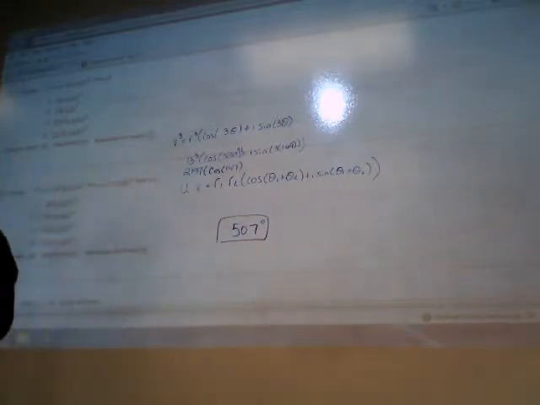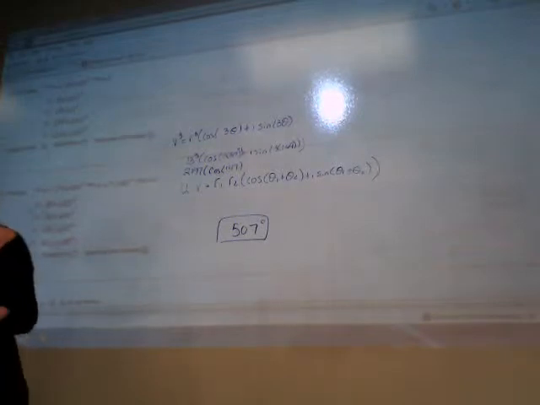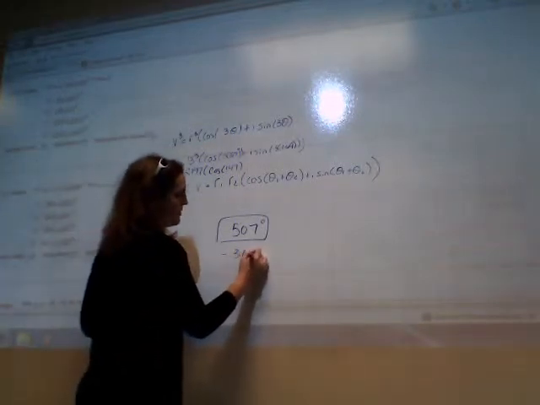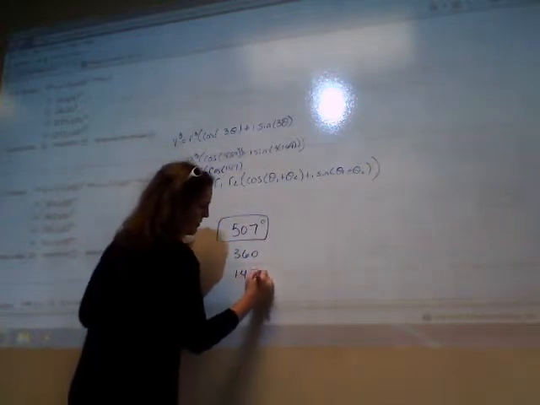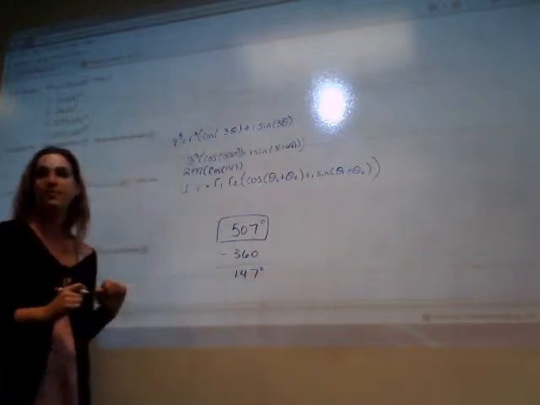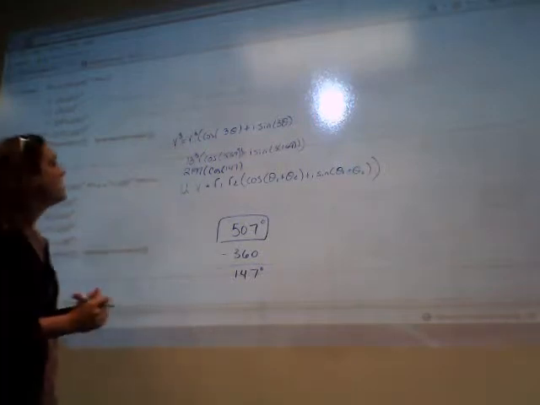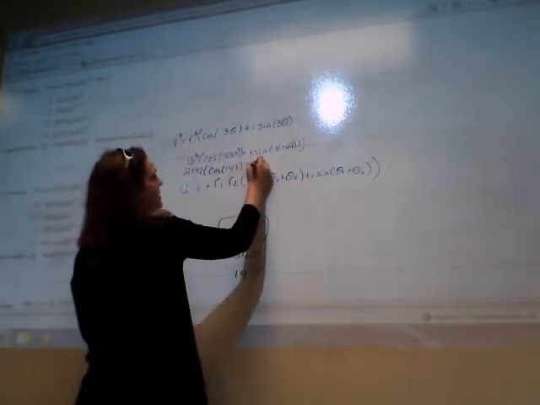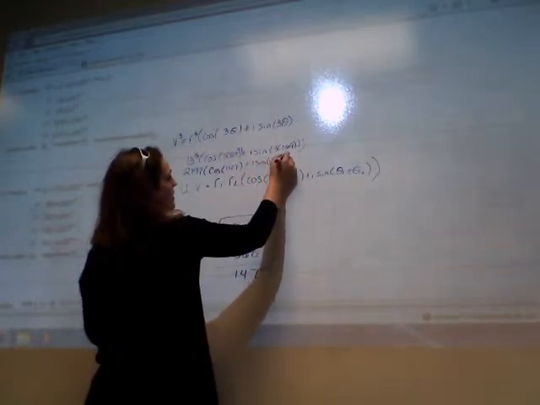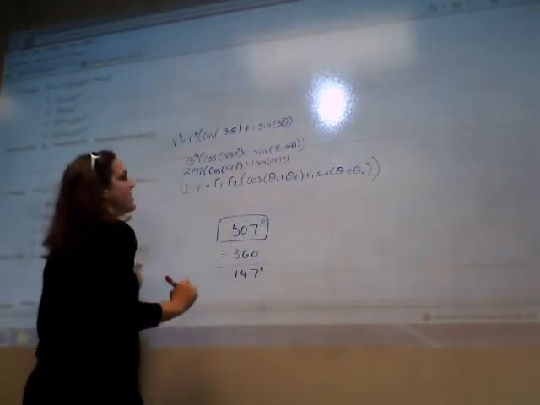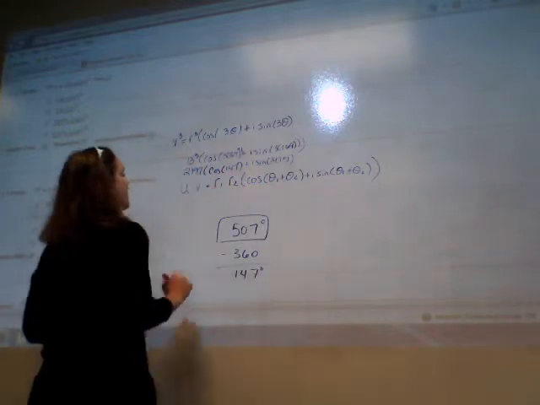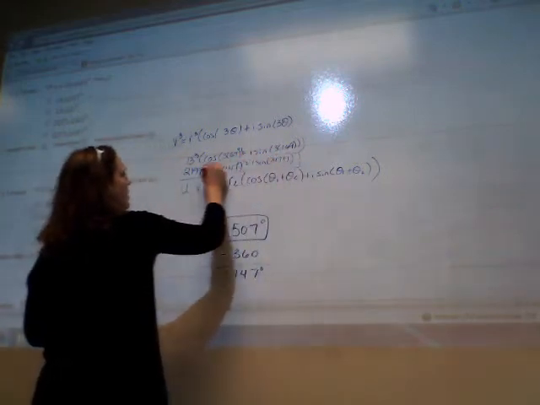But again, that's greater than 360, so we want to simplify this. We subtract 360 from it, and we get 147. Everybody good with this? Okay, so plus i sine of 147. I put my degree signs back in there, and in the parentheses. And so this should be our answer.